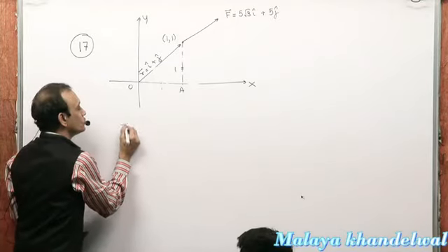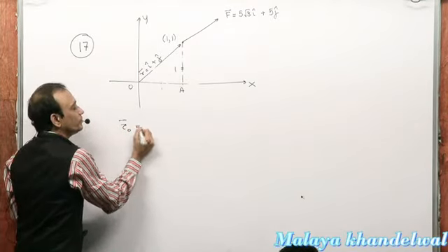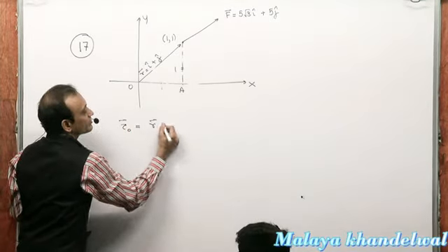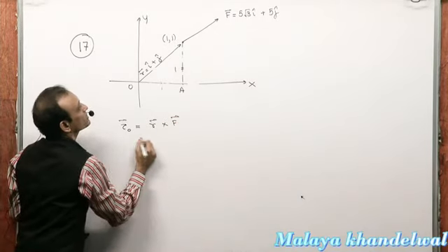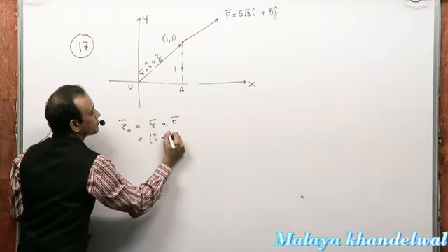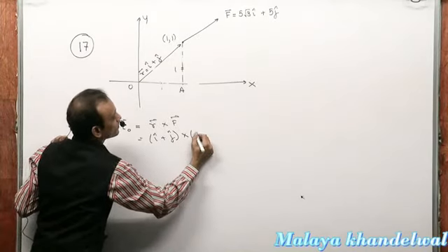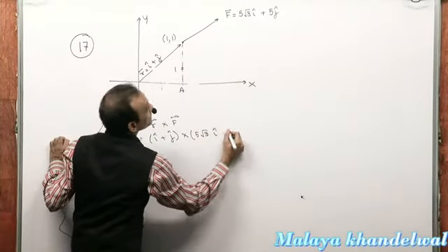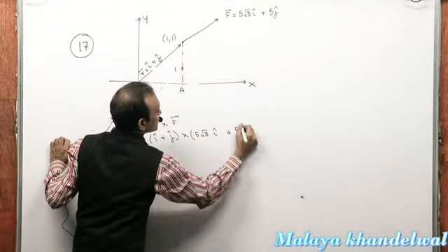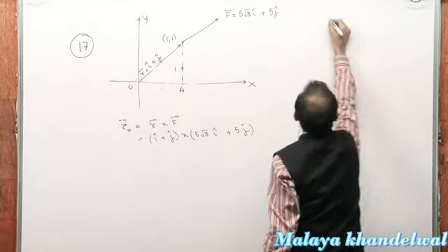And torque about O is going to be what? r cross F. So you just need to find this cross product, i cap plus j cap cross 5 root 3 i cap plus 5 j cap. Right? Yes or no?